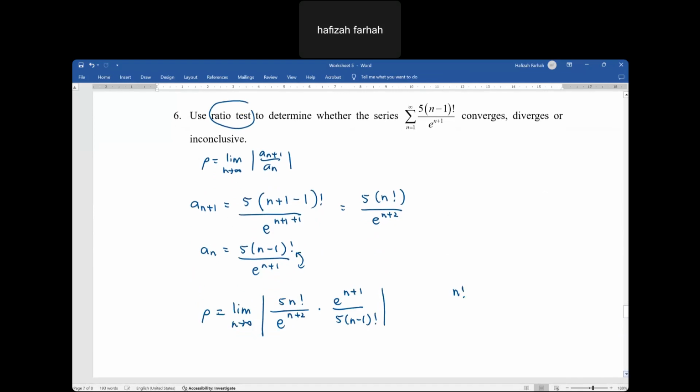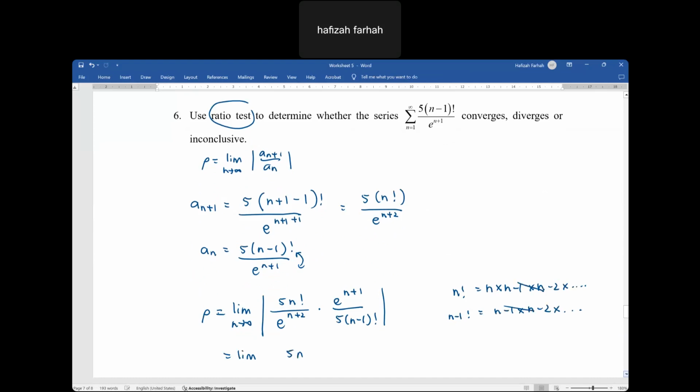So n factorial equals n times n minus 1 times n minus 2 and so on. (n minus 1) factorial is n minus 1, n minus 2, and so on. So we can cancel these two. What is left is just n.